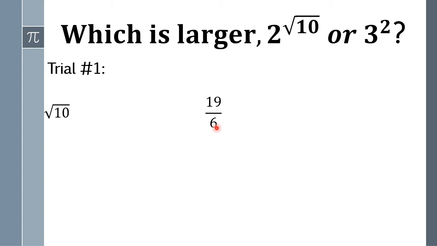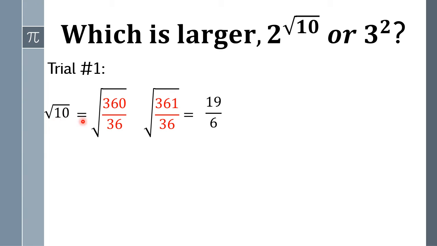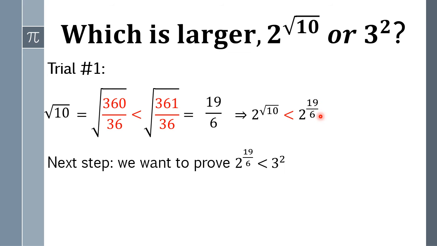This is easy to do by calculating their square values. 19 over 6 is equal to square root of 361 over 36, and square root of 10 is equal to square root of 360 over 36, and we can easily get that square root of 10 is smaller than 19 over 6, which means 2 to the power of square root of 10 is smaller than 2 to the power of 19 over 6.